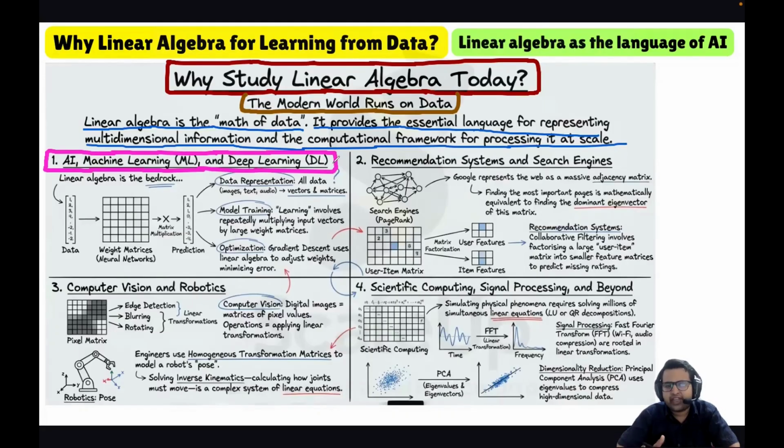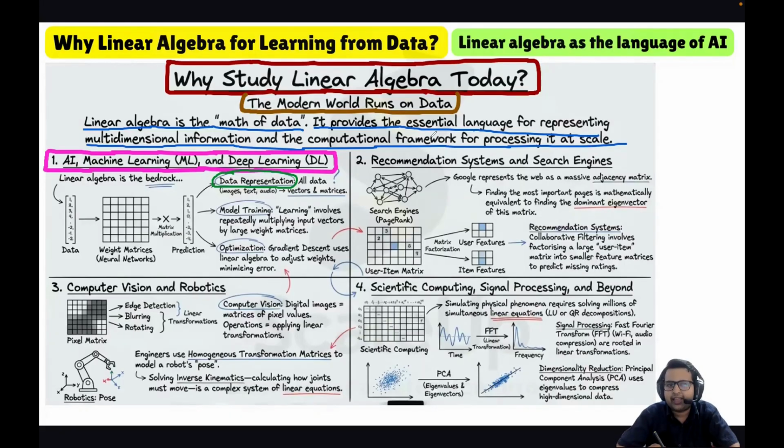In the field of AI, ML, and deep learning, we use linear algebra for data representation. All the different forms of data, like images, text, audio, are converted into vectors, that is lists of features, and matrices, that is the data sets for computers to process.